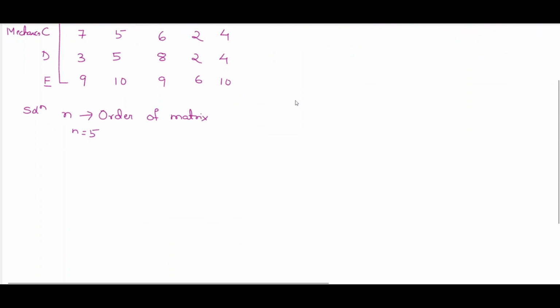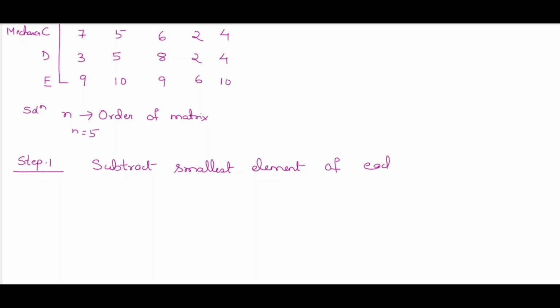Now step 1. What is step 1? First you will subtract the smallest element of each row from all the elements in its row.